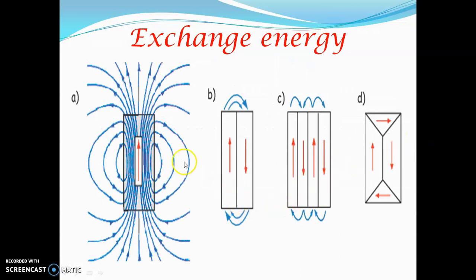It is the quantum mechanical coupling energy associated with the electron. Inside an individual domain, all the dipoles are aligned in the same direction, which is due to exchange energy, or quantum mechanical coupling energy associated with the electrons.